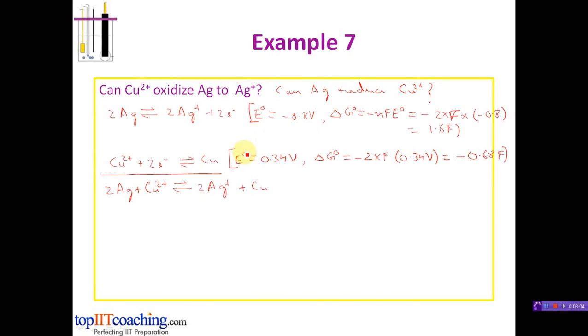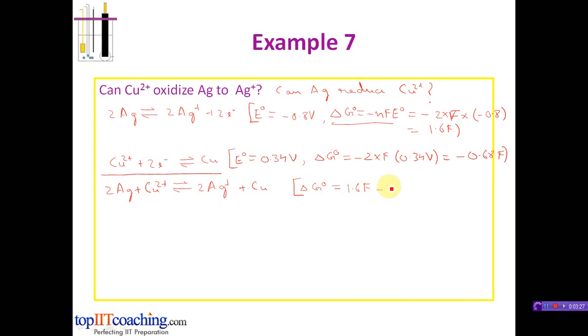So when we are adding two reactions, we can add their delta G0 values as well, but it is not the case with E0 values. So first of all, we have to calculate the delta G0 value for the overall reaction, and then by using this relation we can calculate the E0 value for the overall reaction as well.